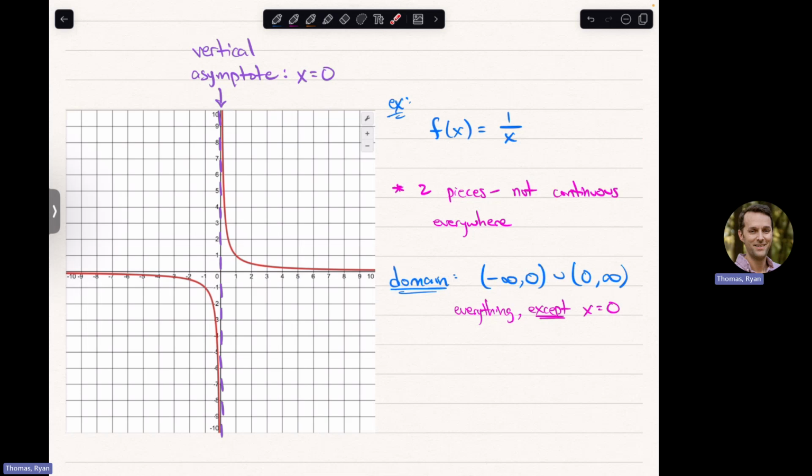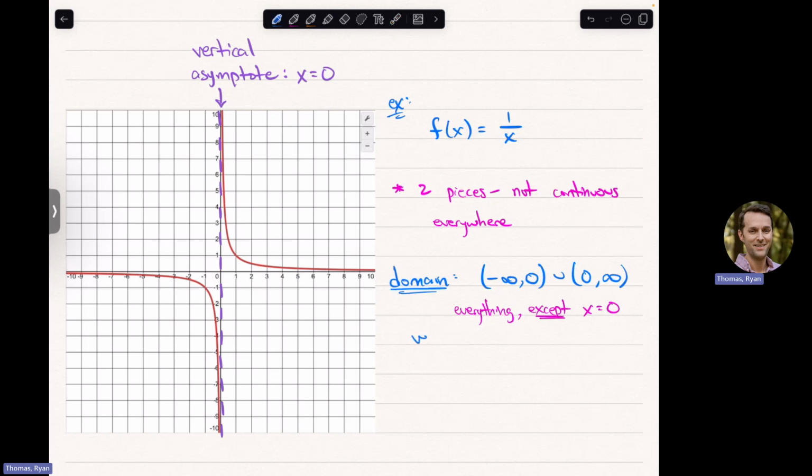It's not actually part of the graph, but it's a feature of the graph in that it gives me a structure for what the thing does. It doesn't actually cross that line because as I get close to it, I have to jump over, again, because I can't plug 0 into the function. But that asymptote gives me a good guideline for drawing what the function actually does.